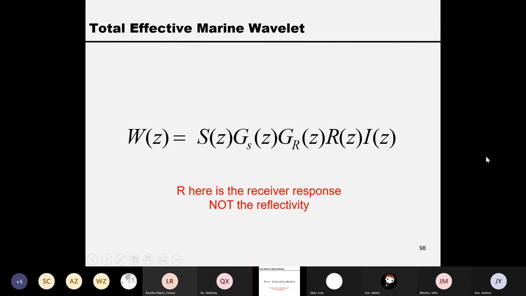So the final seismic wavelet is not only the seismic source signature, but a combination of these. This does not include the subsurface effects we will talk about later. So it is much more complicated. But practically, when you do wavelet estimation, you estimate all the combined effects. Okay, so this is the difference here.